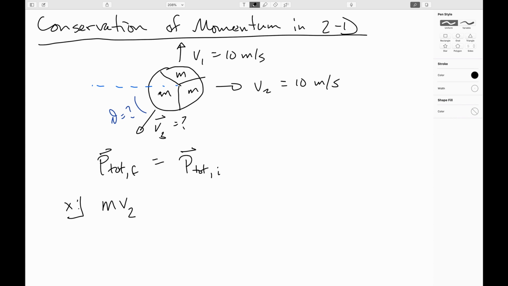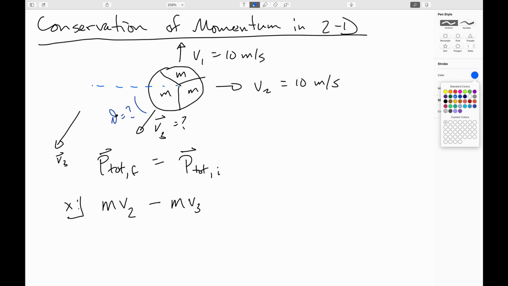This piece here is moving left and down. So we'll have to find the x component of it. We can put in a minus sign because we're going left. And I've made its mass equal to m as well. And we can put in a v3. And now we just have to figure out whether we're doing a sine, a cosine, or a tangent here. So let's just draw this over here. v3.